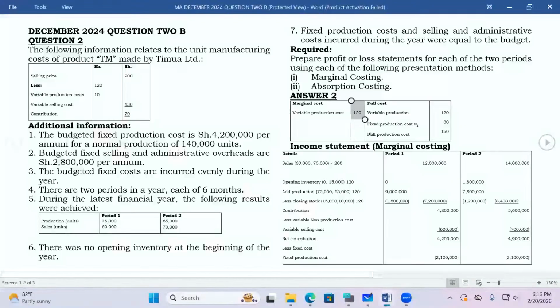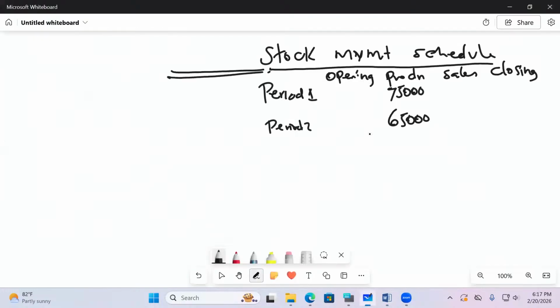Period one we sold 60,000. How about period two? 70,000. Now from these, we can easily get to know the stock movements.